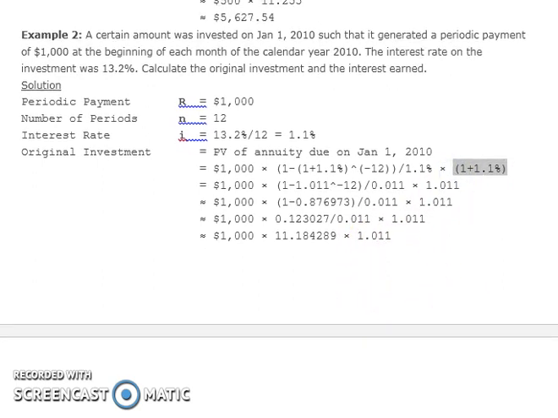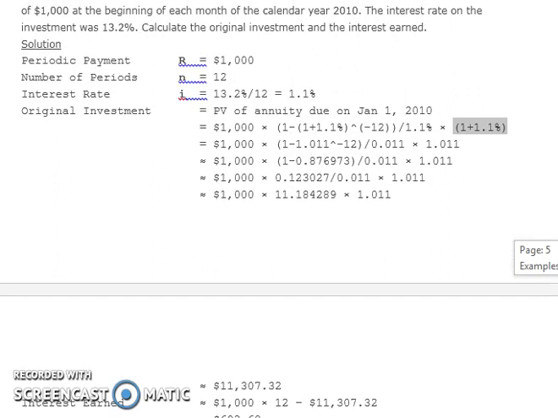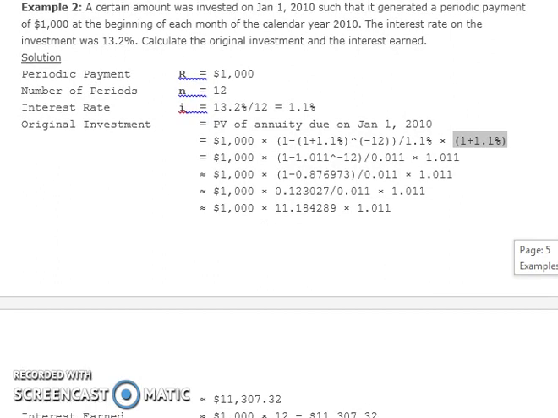So in that case, the $1,000 has a present value of 11,307. You invested $1,000 at the beginning of each month, so in total you invested $12,000.